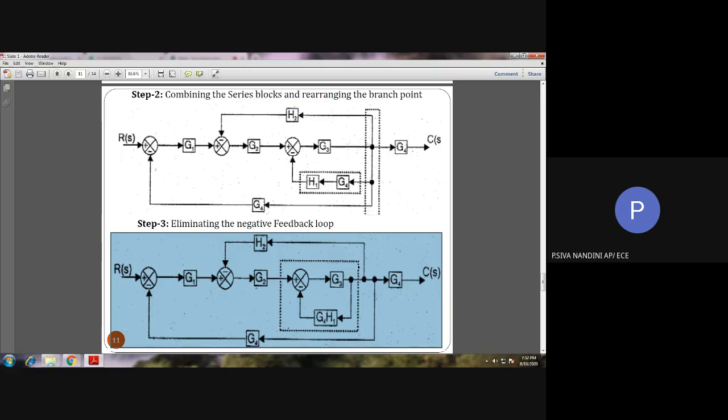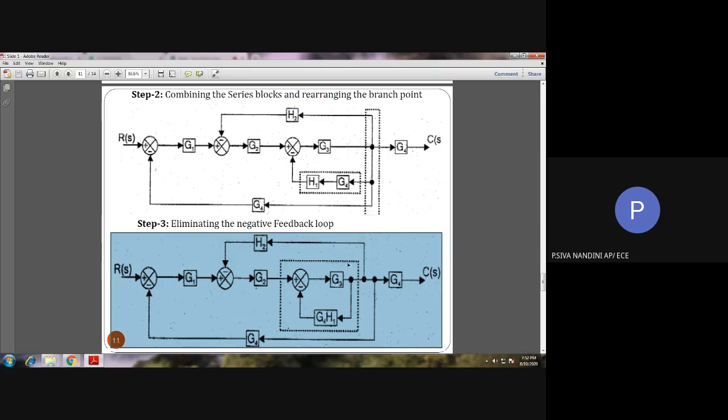Why I am saying this is, this G4 is the smallest feedback path compared to this H2. See, this H2 feedback path is a smaller feedback path compared to G4 feedback path. So only after this branch point we have kept this H2 branch point. After that the G4 branch point is kept as shown in step number 3.